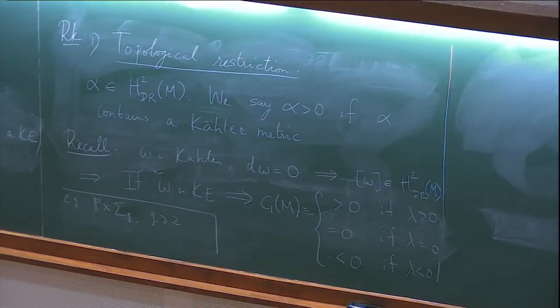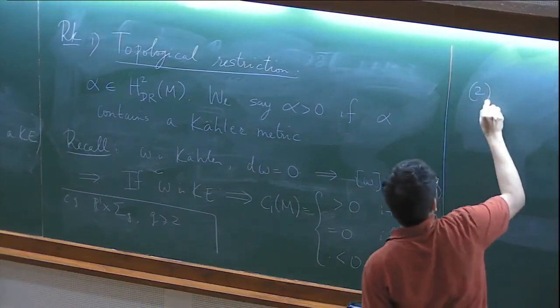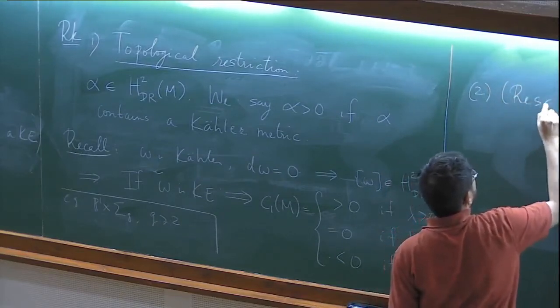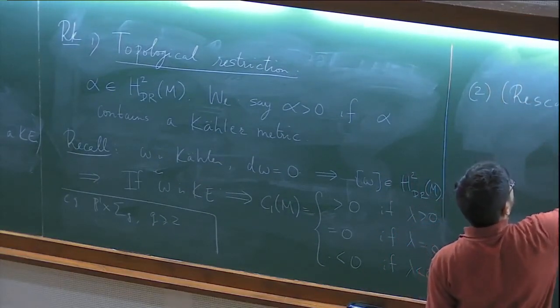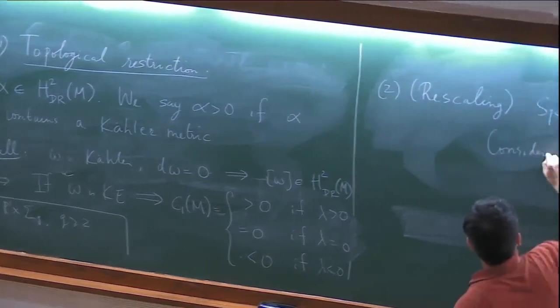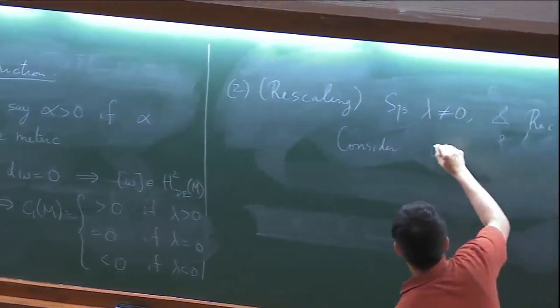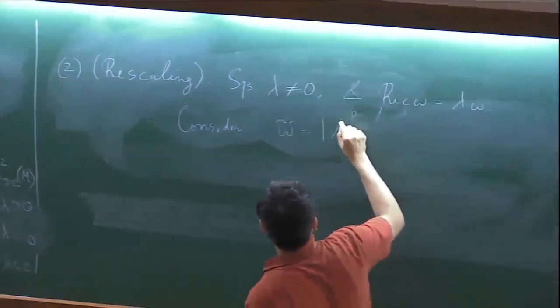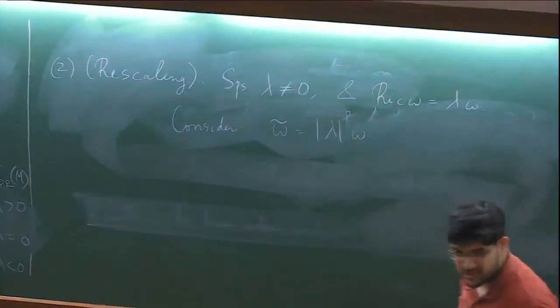There's also a little observation on rescaling. Suppose lambda is not 0 and Ricci omega is lambda omega. Then you just consider the following. You scale your omega, so consider omega tilde as the absolute value of lambda times omega.